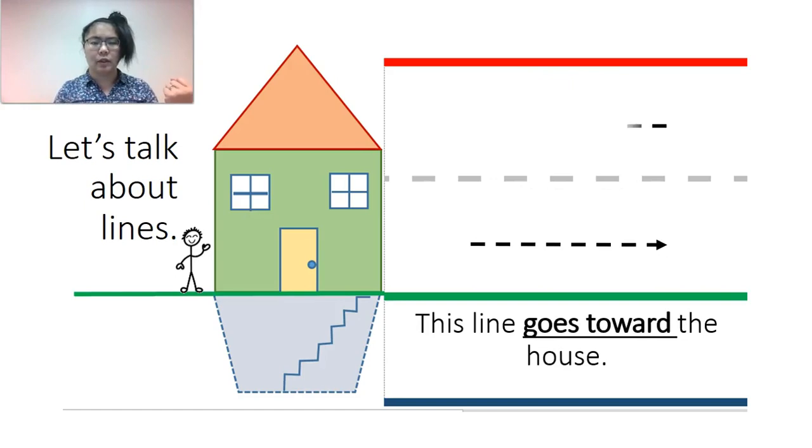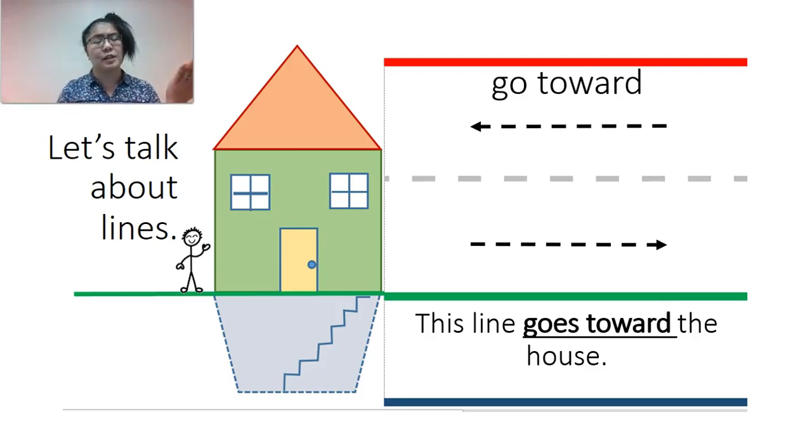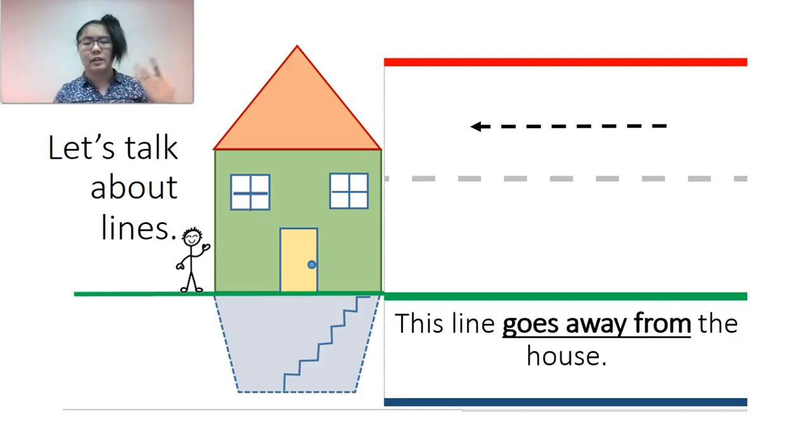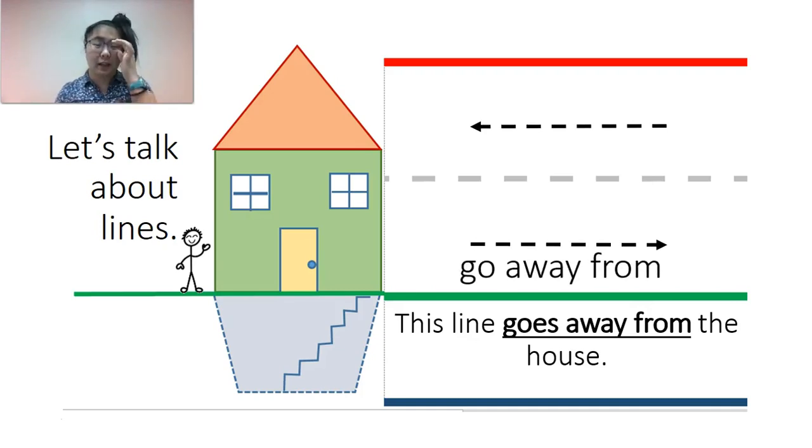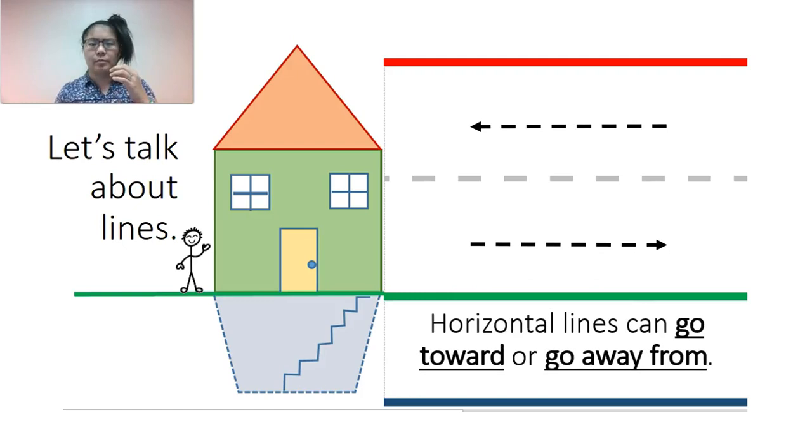This line goes toward the house. So go toward. Horizontal lines can go toward, or this line goes away from. So this line goes away from the house. So it's important to know going toward or going away from.